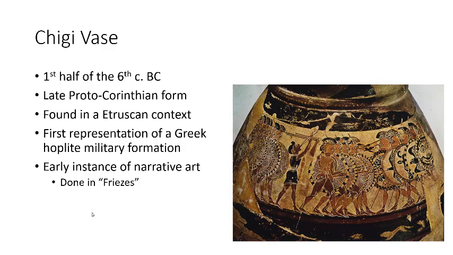The Etruscans clearly appreciated Greek pottery. One of the reasons that this vase is particularly interesting to us is that this is our first example of a particular military formation called hoplite military formation that we hear about from literary evidence. So this is interesting. We have this flute player and our Greek troops with their shields in their hoplite formation.